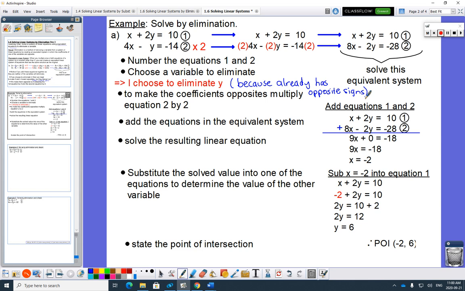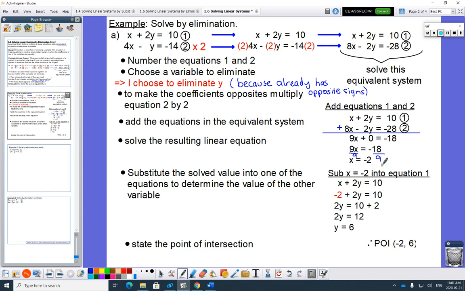Make the coefficients opposite by multiplying equation 2 by 2. Then you add them together. So x plus 8x is 9x. 2y plus negative 2y is 0. You can show the 0 or not. 10 plus negative 28 is negative 18. Then we need to divide by 9, and you get negative 2.